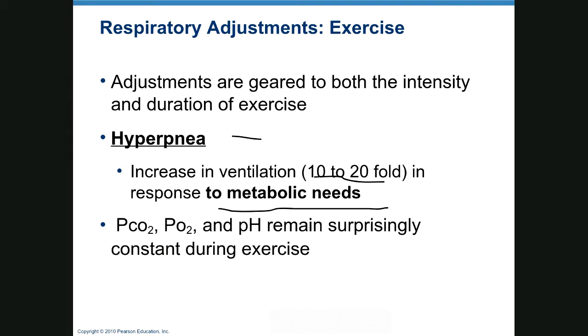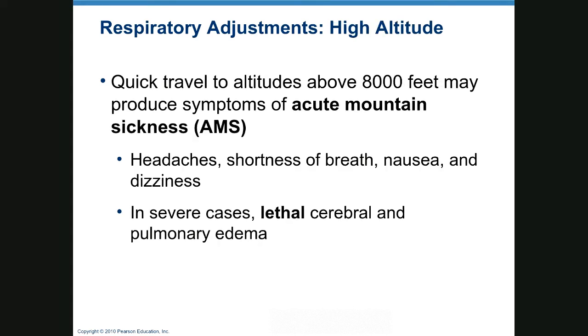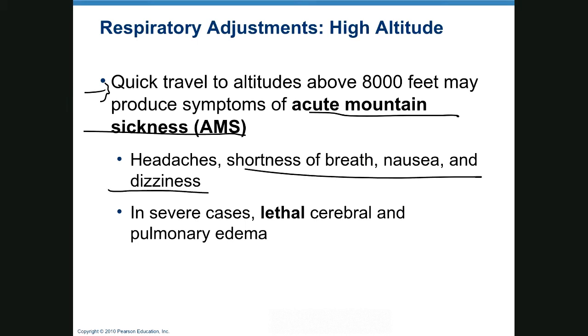And actually, the oxygen, CO2, and pH will remain constant because the reason you're breathing so hard is to keep it constant. Now, at high altitudes, especially over 8,000 feet, one can get acute mountain sickness: headaches, shortness of breath, nausea, dizziness, and in severe cases, cerebral or pulmonary edema and death.